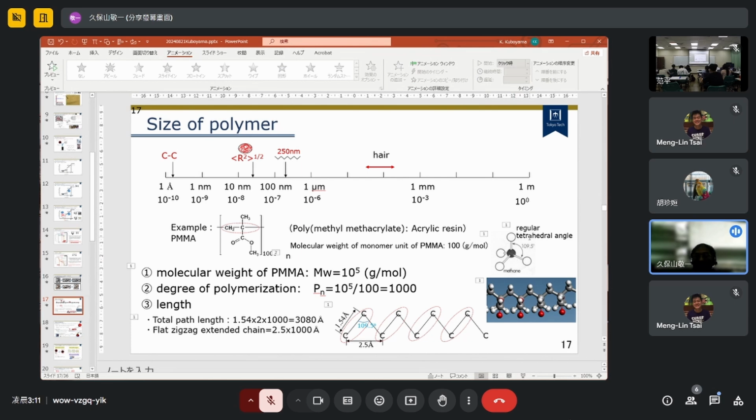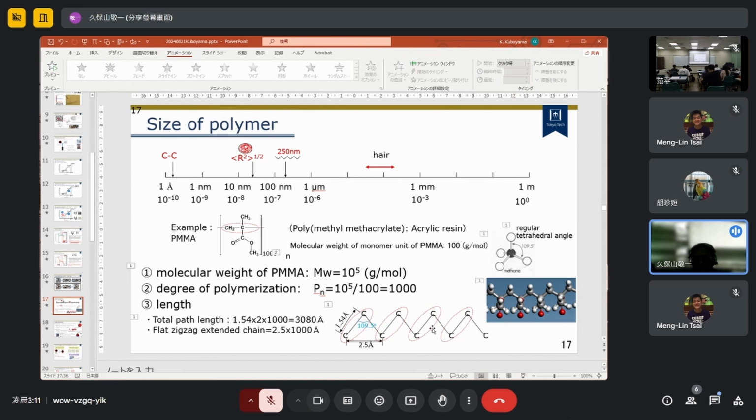Carbon has four hands three-dimensionally, and the angle between two hands is around 109.5 degrees. So when you make the polymer structure, the polymer has a zigzag structure like this, not a straight one.